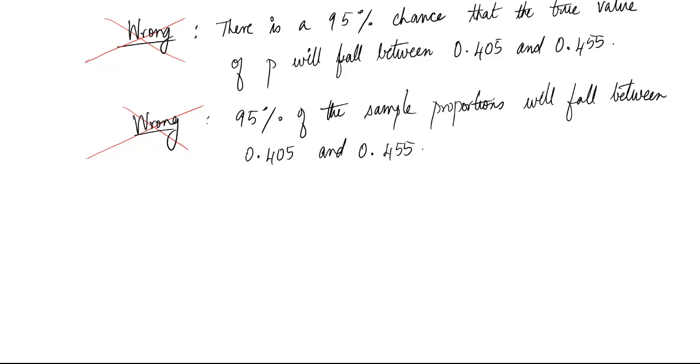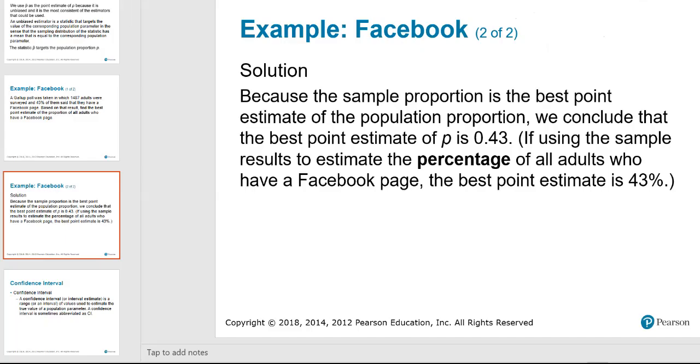For each sample you can build a confidence interval, and we want to make sure that interval contains the true proportion. Let me see if I can show this to you quickly here.